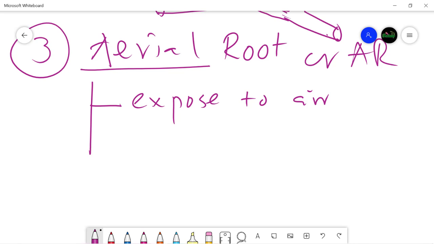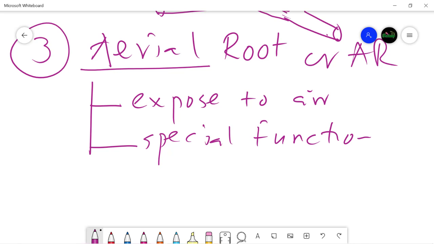But these roots are entirely exposed to air, and they are mostly meant for special functions, that is, other than absorption or anchoring the plant in the soil.